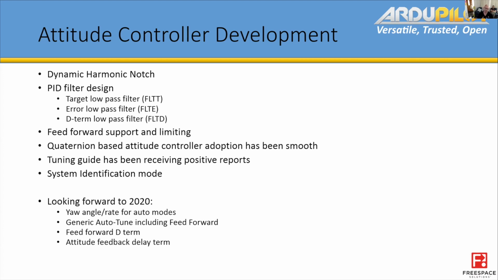So we're experimenting with that in Helis, and the attitude feedback delay term is where we delay the attitude we take from the EKF by a small amount to account for the delay that we see through our system.